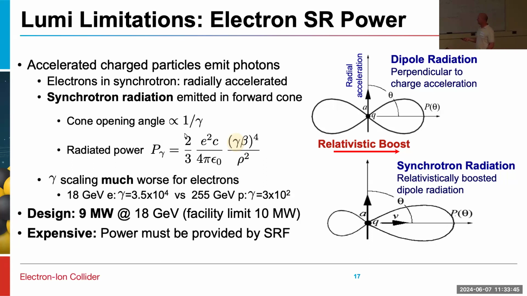Because at 255 GeV, gamma is only 300. So that's totally negligible. In the LHC, they have synchrotron radiation with their protons, and I believe the damping time is hours in that thing, but at least they see it, so we don't see anything. They are way too low with that.